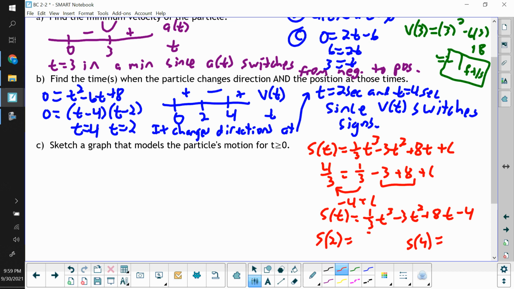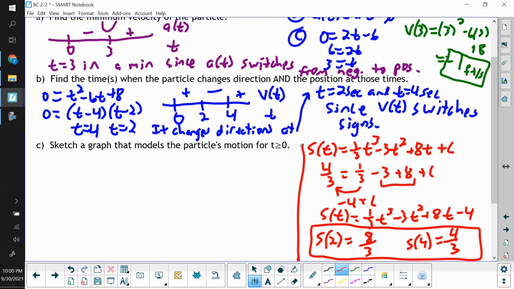So we should be getting 8/3 for S of 2 and 4/3 for S of 4. So that's our other part of our answer, and that was part of question B.